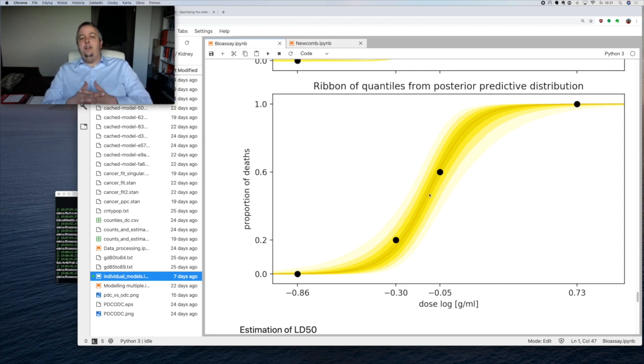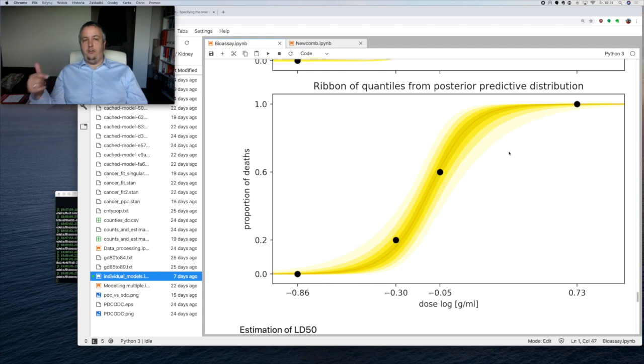So our ribbon represents the uncertainty of our predictions for each of the doses. The ribbon plot allows us to see how well our actual data fits inside our predictive distribution. That's one thing, and it gives us certain information about the uncertainty of our predictions.